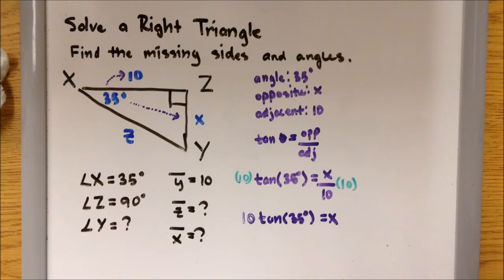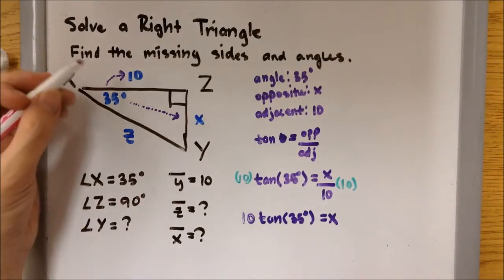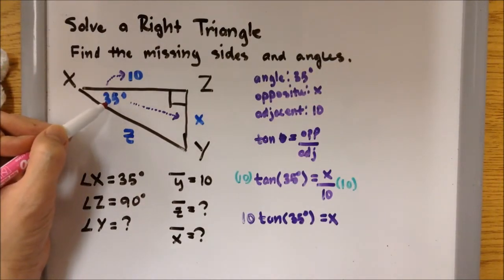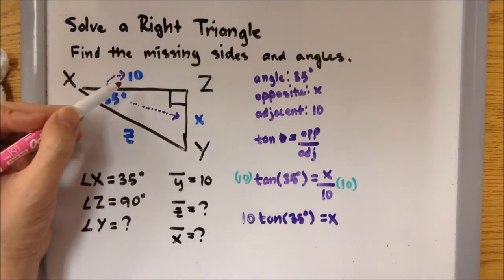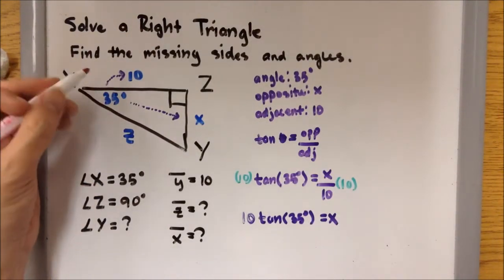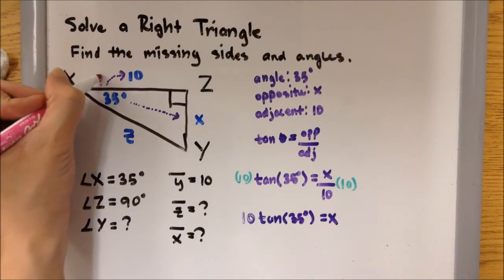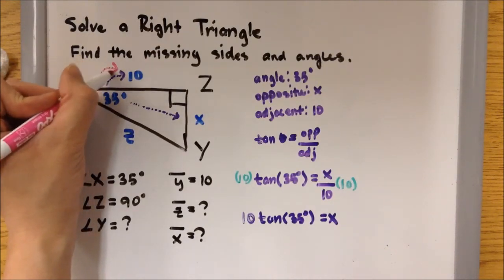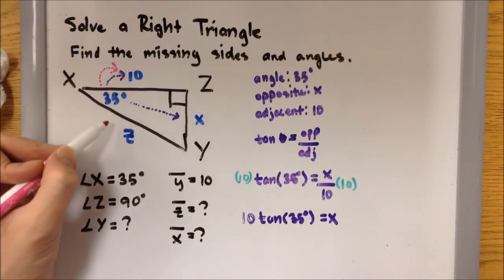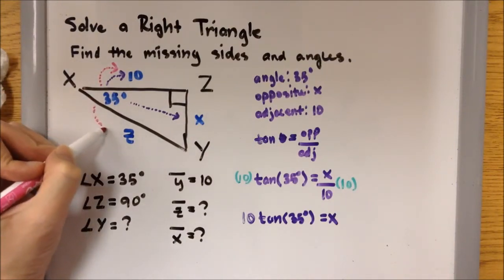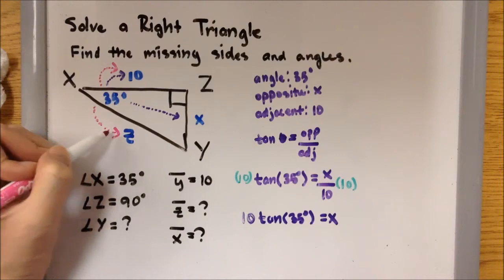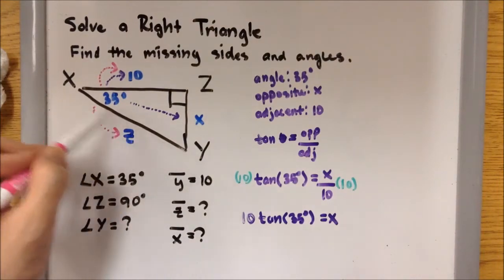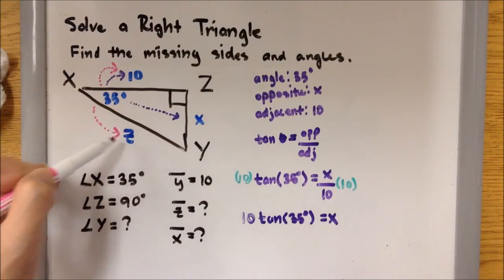So what I'm going to do is use a different color. If I were to look at this one, we see that between 35, we're looking for Z and 10. So we know that 10 is adjacent to 35. Even though Z is also next to 35, we see that the Z is across the right angle, so the Z is the hypotenuse.